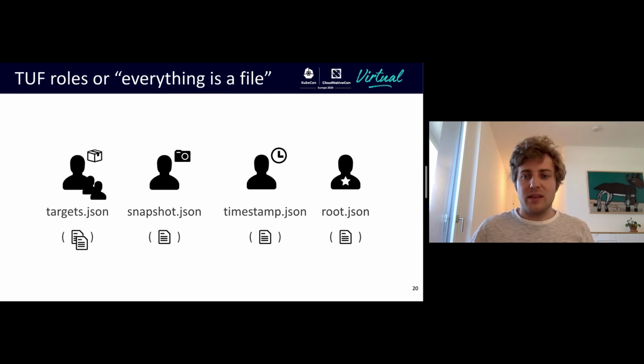So for each of these roles in TUF, you have a specific metadata file. For the targets role, you have targets metadata. For the snapshot role, you have snapshot metadata, and so on. In the targets role, there can be more than one metadata file, but for the others, there is usually only one. Let's look at each of those files and see what they contain and how they protect the software update infrastructure.